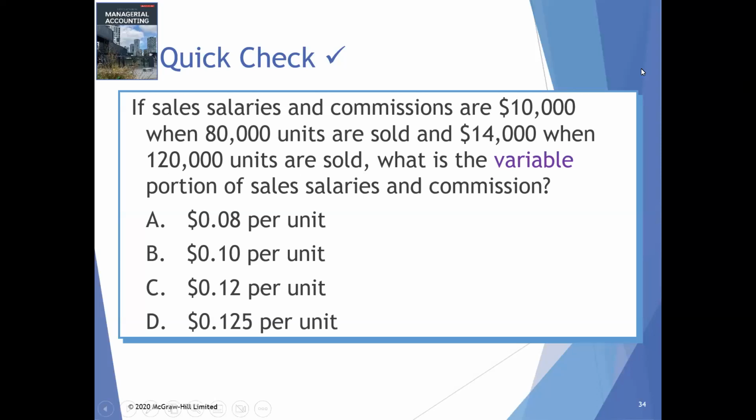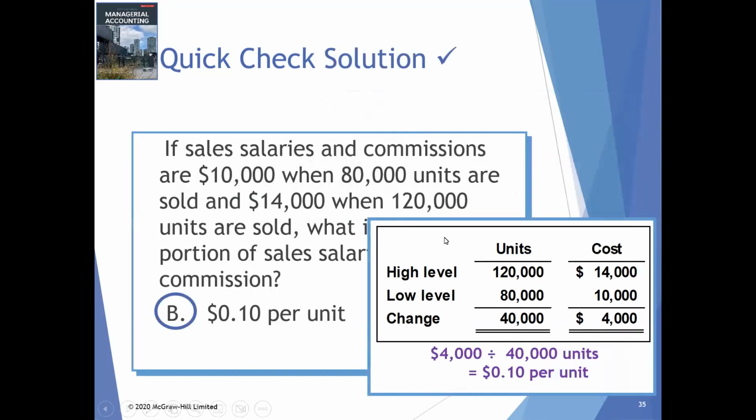Okay, so here is the answer, 0.10 per unit, 10 cents per unit. So what we did: highest minus lowest, 4,000 divided by 40,000 units, 0.10 per unit. This is the right answer.